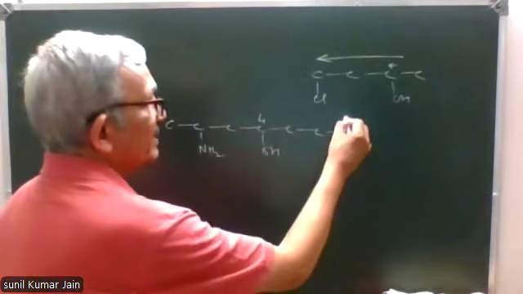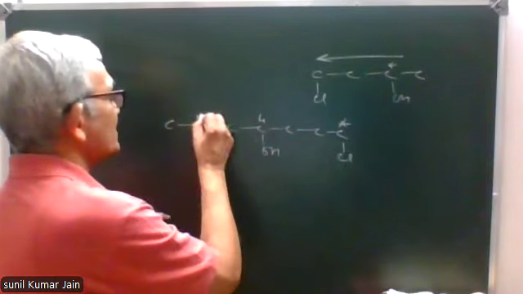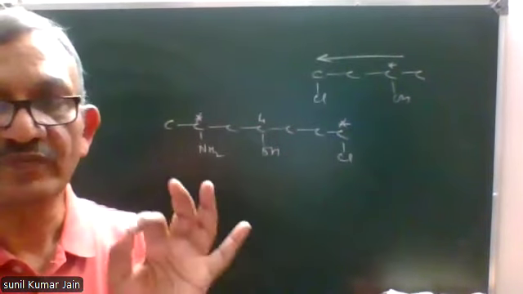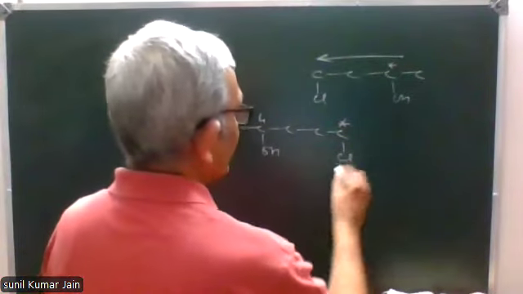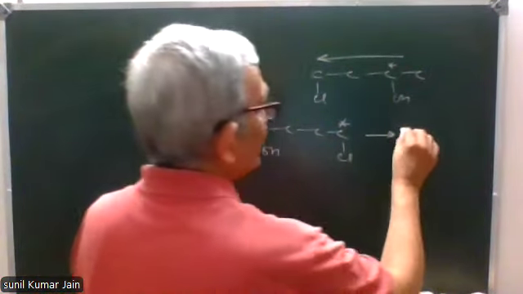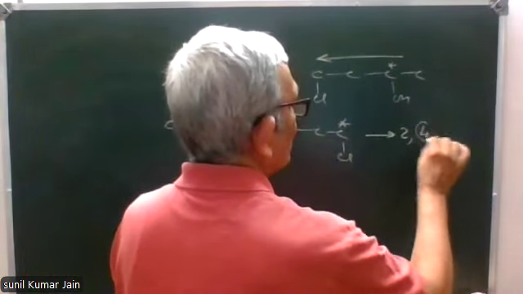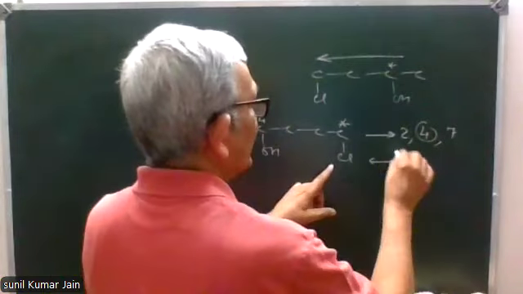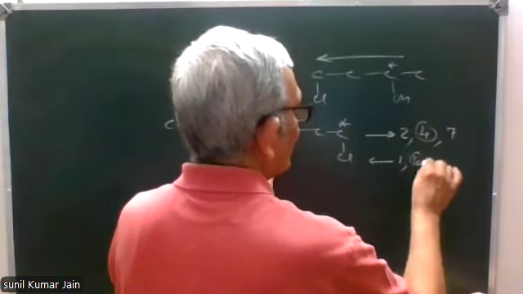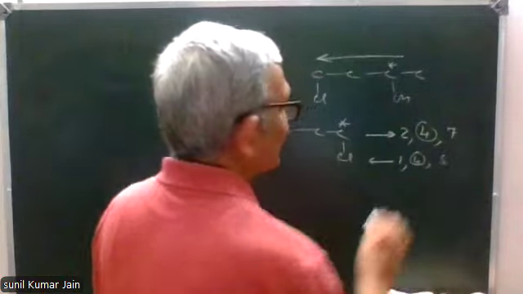Now, I'll look at these locants. The position of the first locant should be lower. See, in this direction, it will be 2, 4, and 7. In the opposite direction, it is 1, 4, and 6.